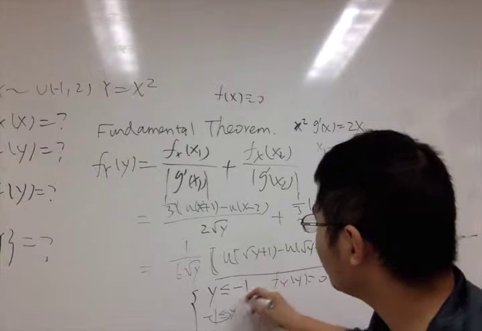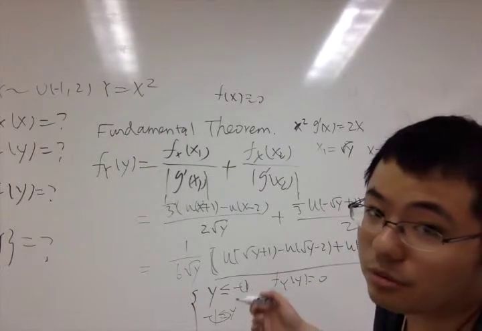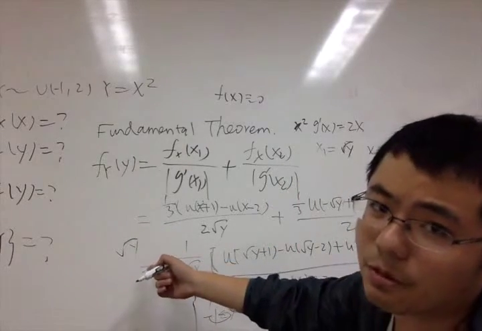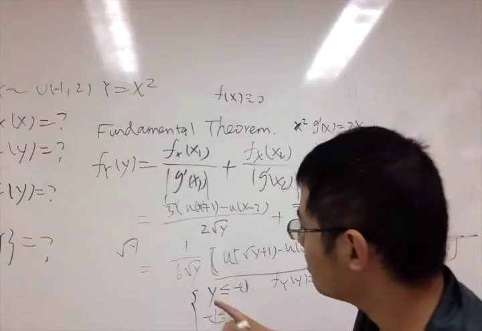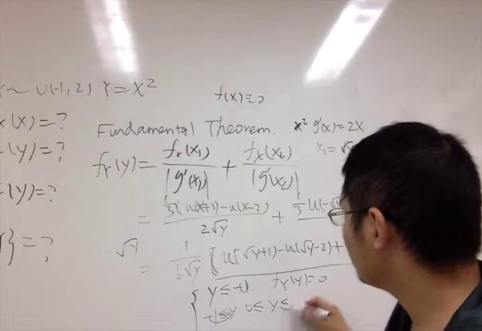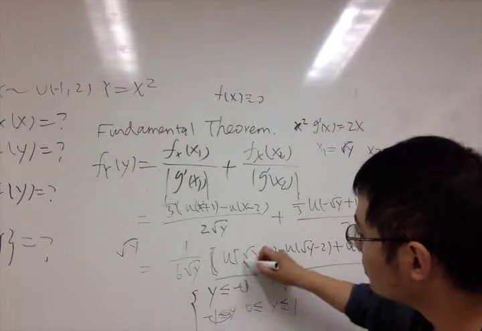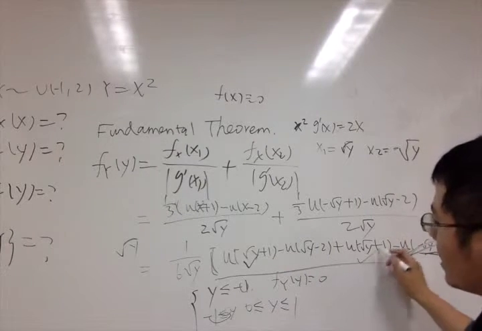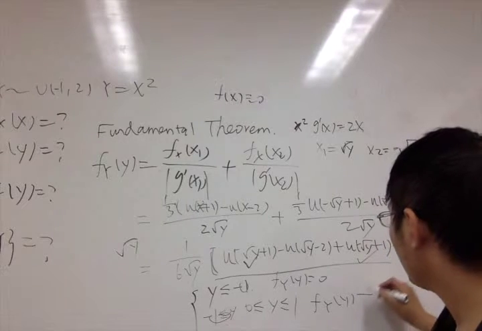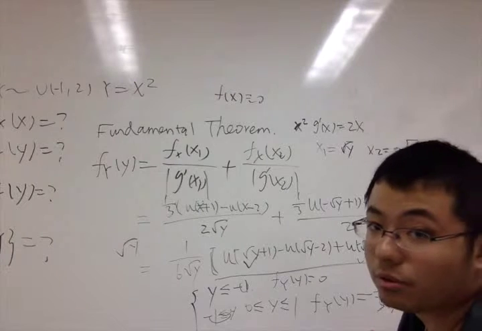Actually, x cannot be smaller than 0, because the square root of y must be something meaningful. So when y is from 0 to 1, we could see that the first item is positive and the third item is positive. So fy equals 1 divided by 3 square root y.